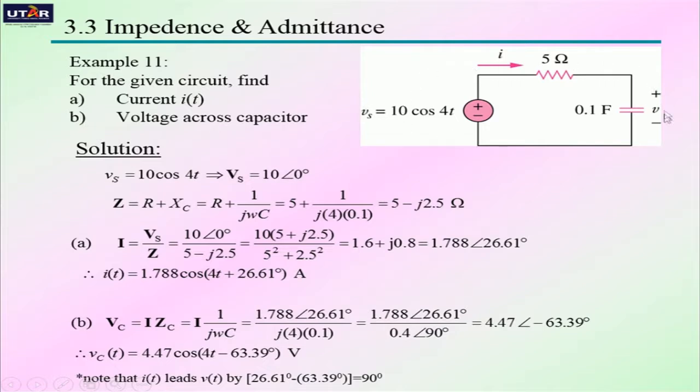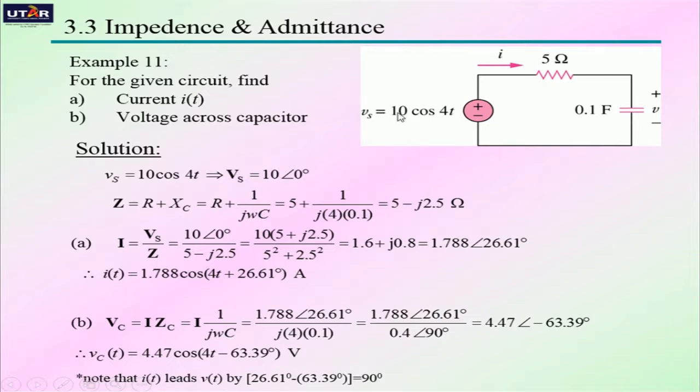So this is a very simple circuit. From this circuit, we can easily find current I by finding the total impedance, which is the combination of 5 ohm and the impedance of the capacitance. So the total impedance is 5 minus j2.5 ohm.